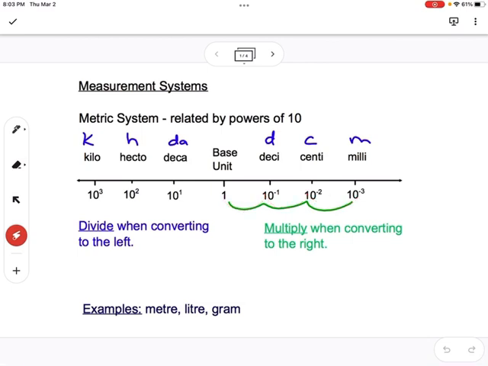When we're talking multiplying or dividing by 10, the way we can do that is just moving the decimal place. So each time you move one of these units over, that's how many decimal places you are going to move.